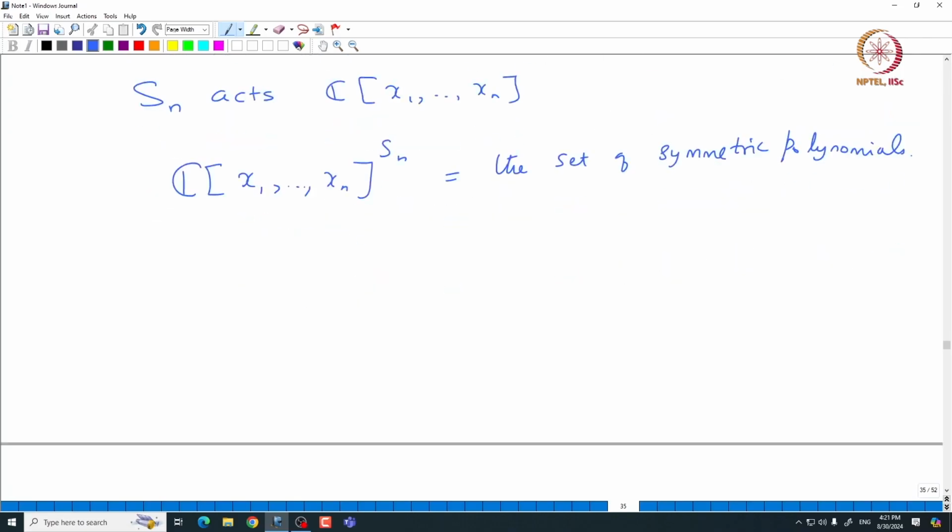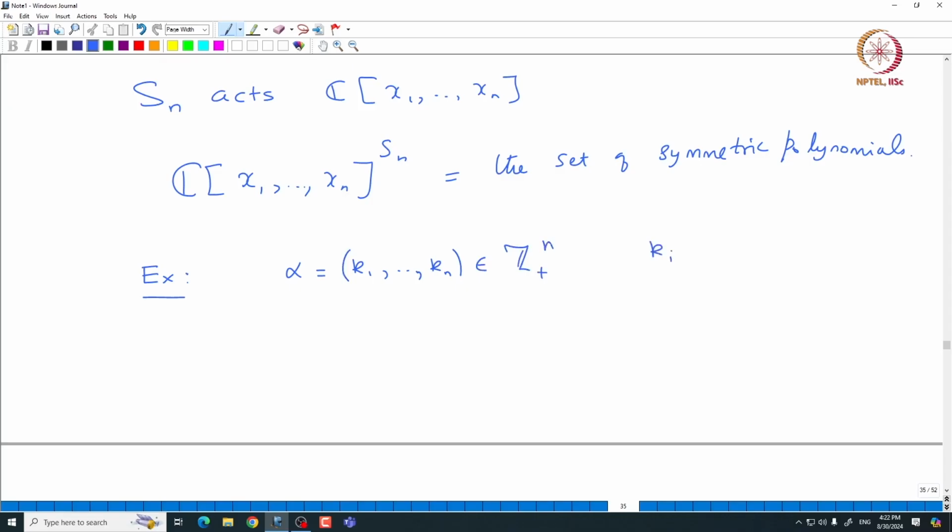And the set of symmetric polynomials has many interesting bases. For example, it is an easy exercise to prove that if you take what is called the orbit sum for any given alpha, okay, so given any exponents, let us say alpha, which is k1 etc. kn, which lies inside Z plus power n.